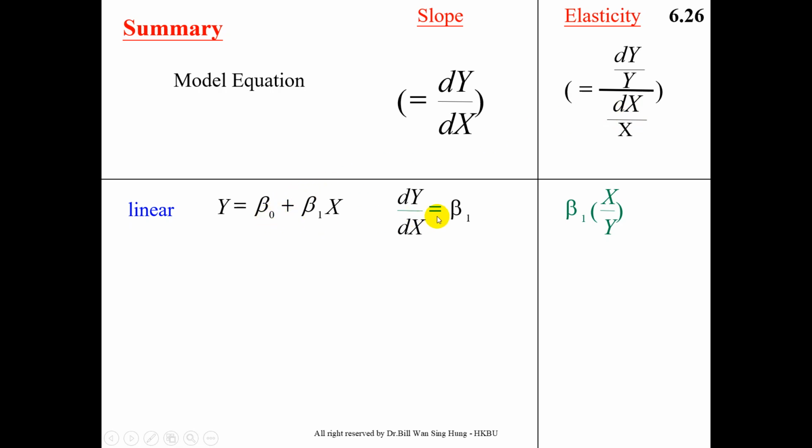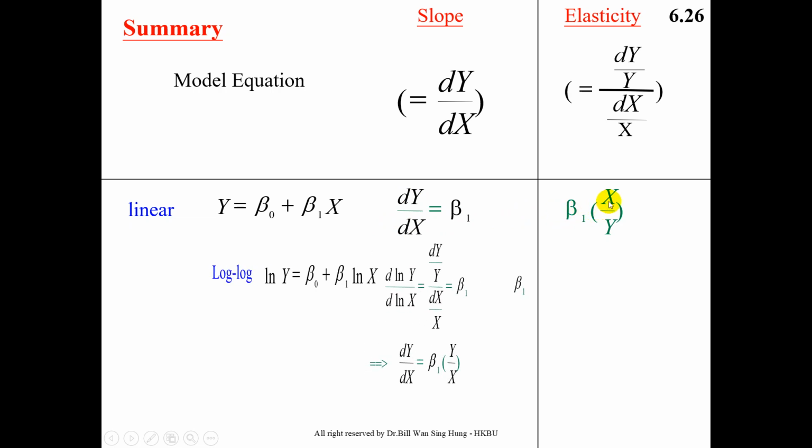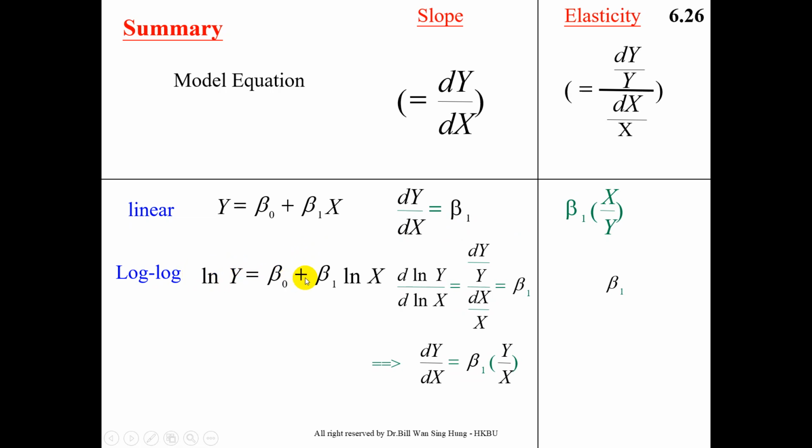In case of linear, beta 1 is equal to dy by dx, and elasticity is beta 1 times x divided by y. In case of log-log, beta 1 is proportionate change in y divided by proportionate change in x, and this is elasticity, where the slope will be equal to beta 1.